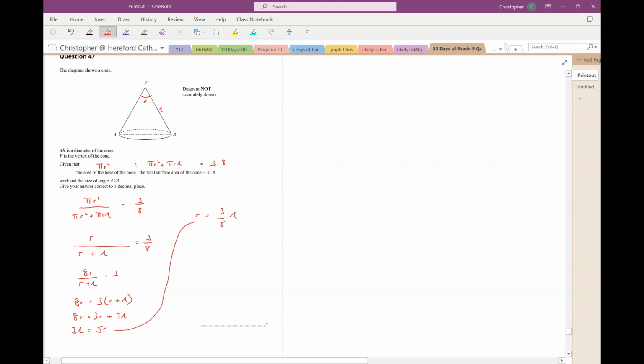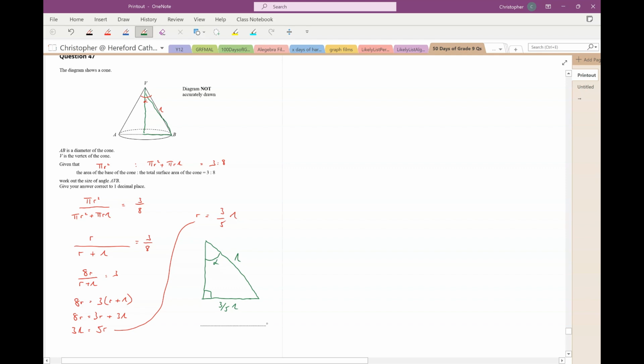So I've got this right angled triangle here. If I go down to there, and to there, I've got a right angle here. That's r, and that, just a minute, we can do better than that. Call that l, because r is 3/5 of l, so that's 3/5 l there. Now, I can use that to find this angle.